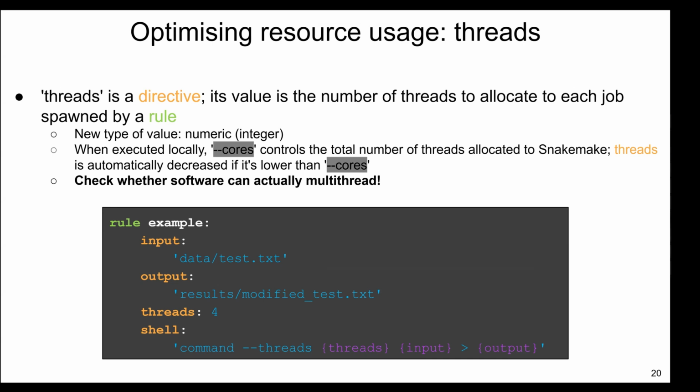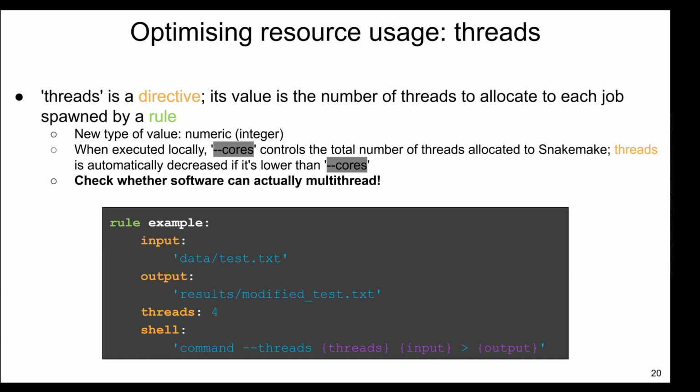Something important to note is that if you don't increase the number of cores, so the C parameter in the snakemake command, if you leave it at 1, for example, snakemake will downscale all the rule requirements to 1. That makes sense because the C parameter is global, so that's the total number of cores that snakemake can use.